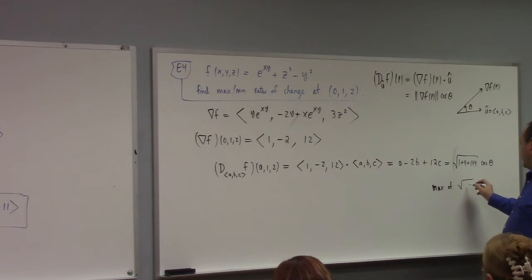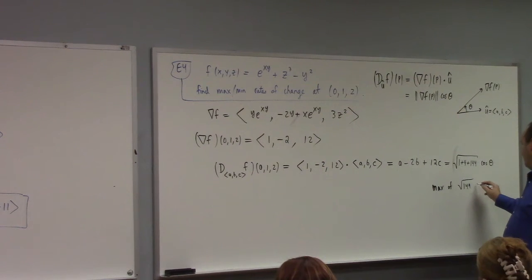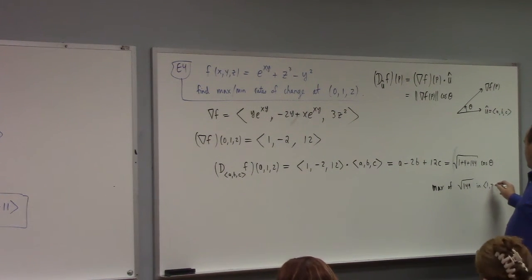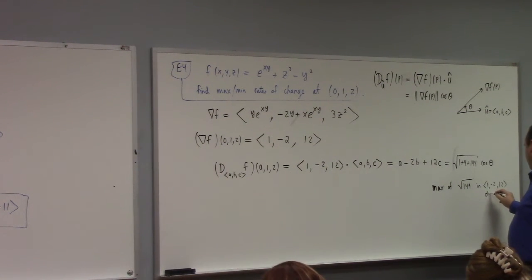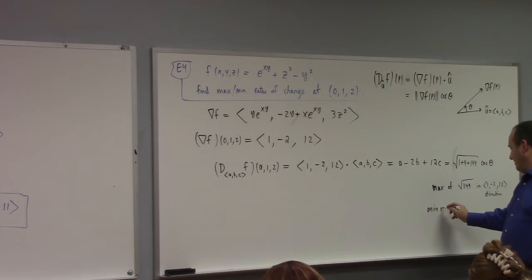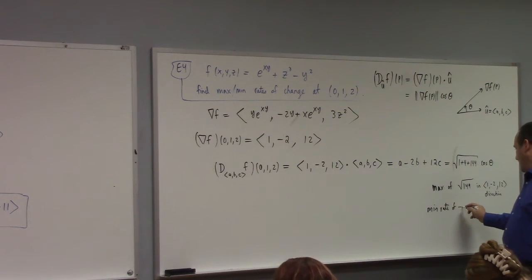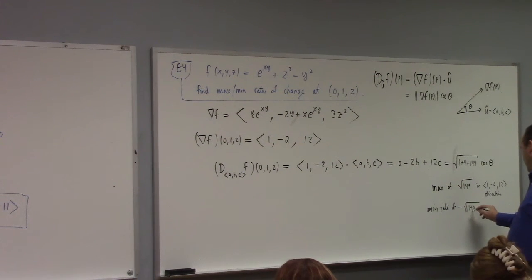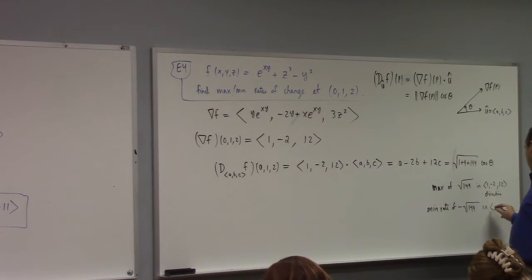The max is the square root of 149 in the (1, -2, 12) direction, right? And the min rate of change is minus the square root of 149 in the (-1, 2, -12) direction.